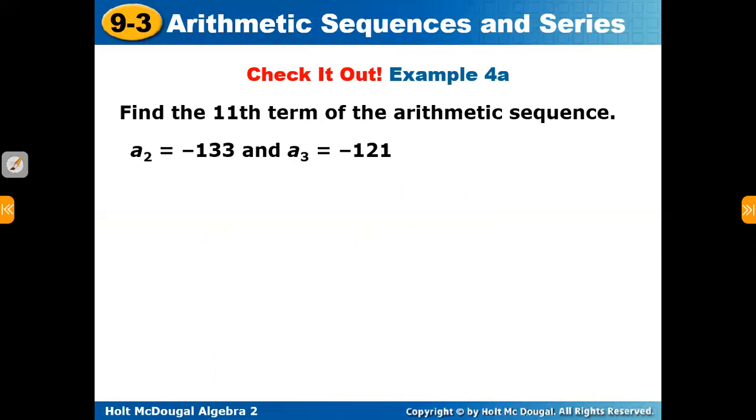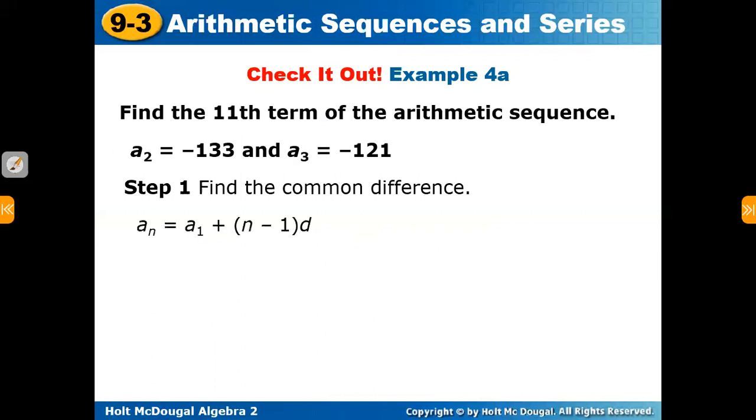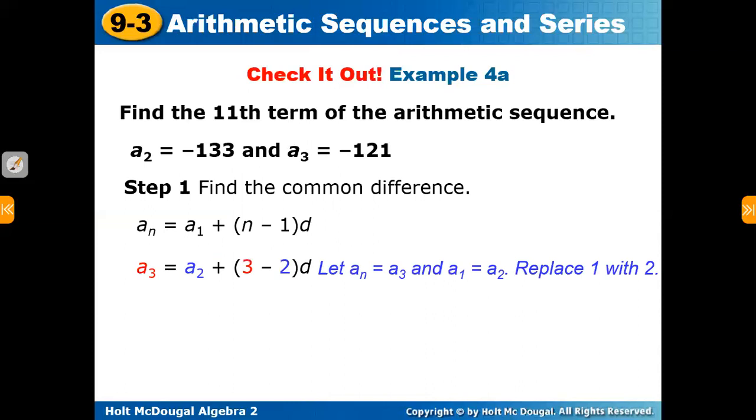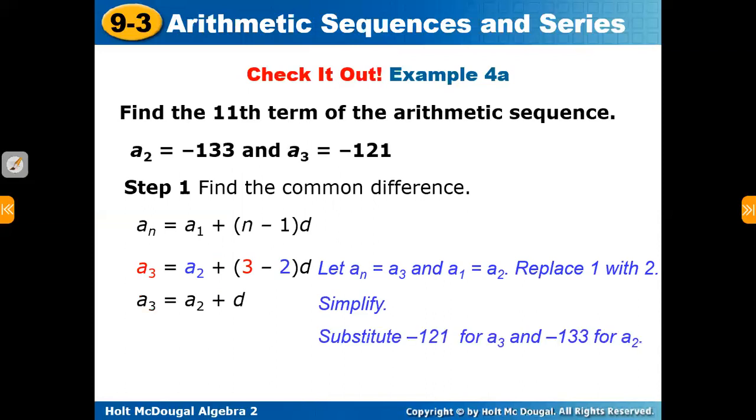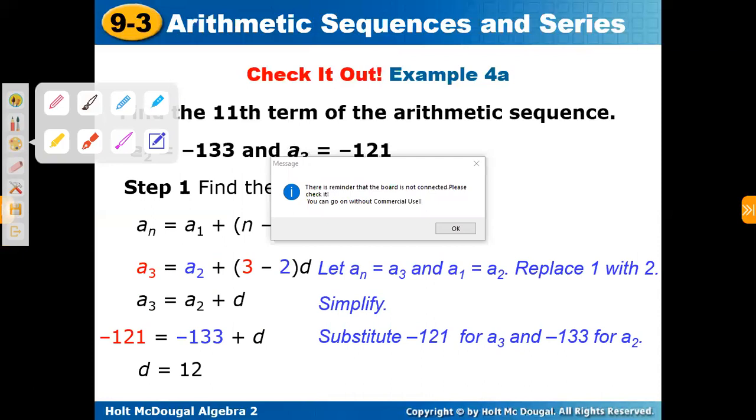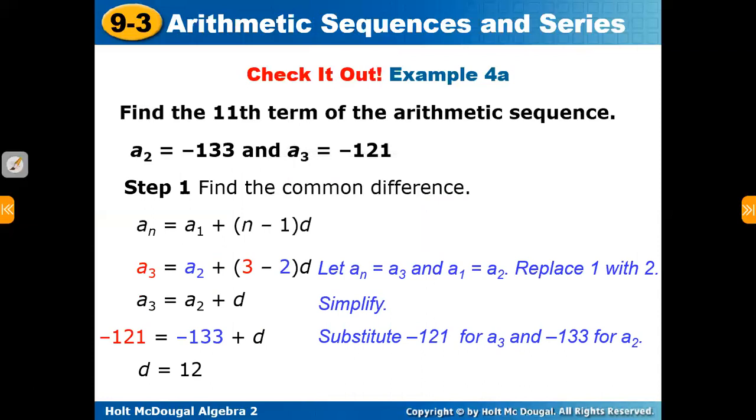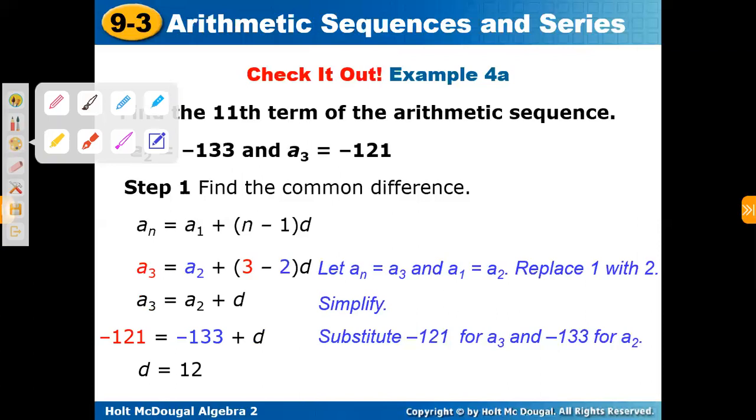So you can just subtract A3 minus A2 to get the value of D. Or you can use the steps from the previous question, considering A1 as A2 and AN as A3, substituting one in place of another to get the value of D. So instead of doing n minus 1, you do 3 minus 2.